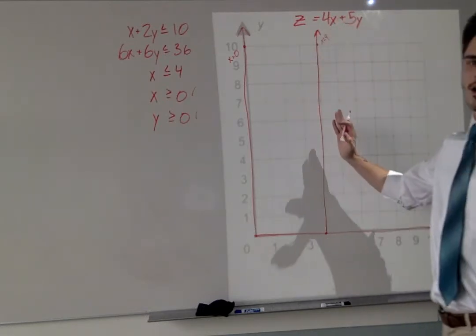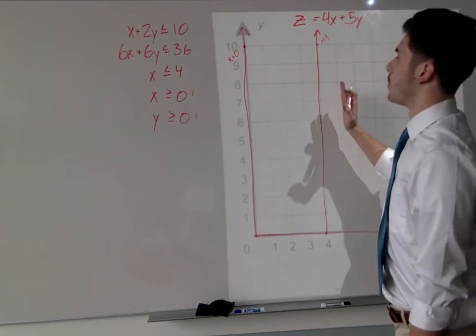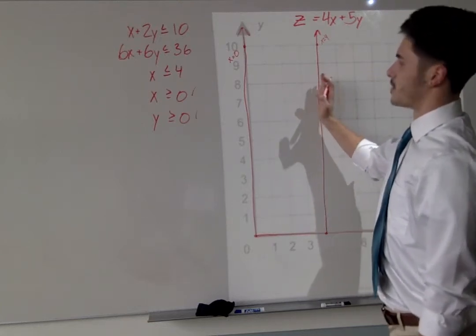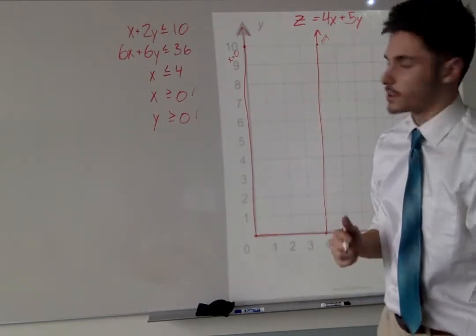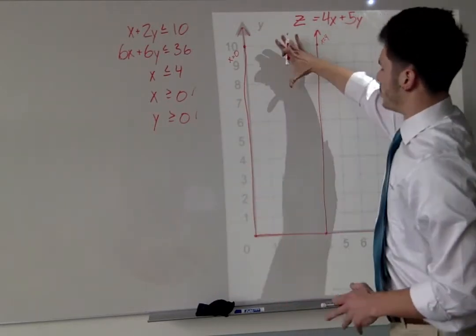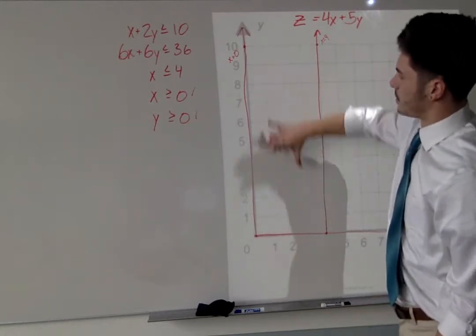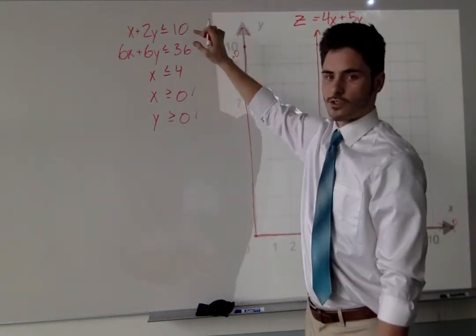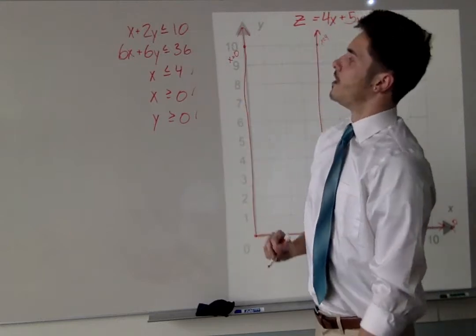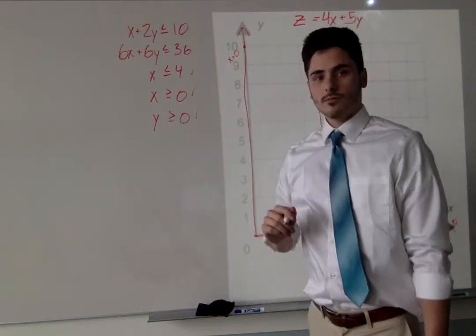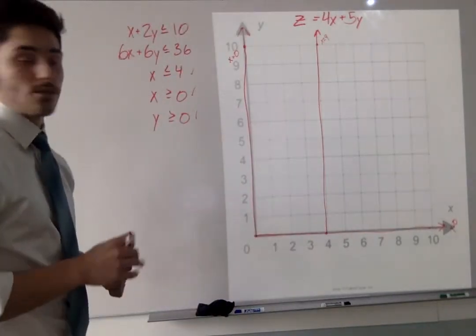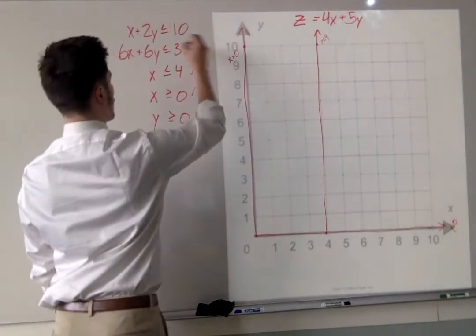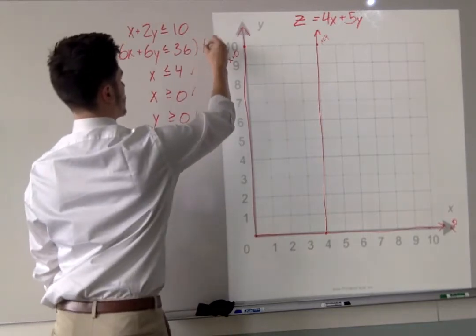And if x is less than or equal to 4, we know it's going to be on the left side, because these values are going to be less than 4. So we know it'll be on or in this section, but we have 2 more constraints to find as well. This one is very clearly all divisible by 6, so we can divide this whole thing by 6.